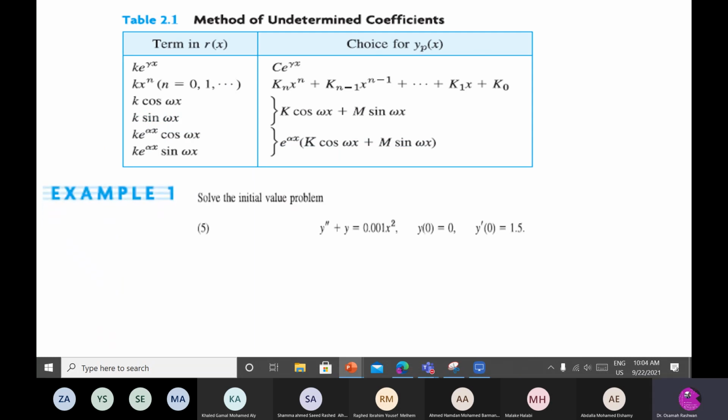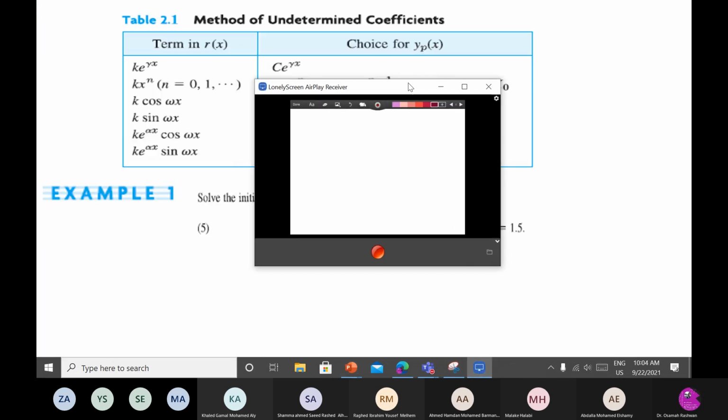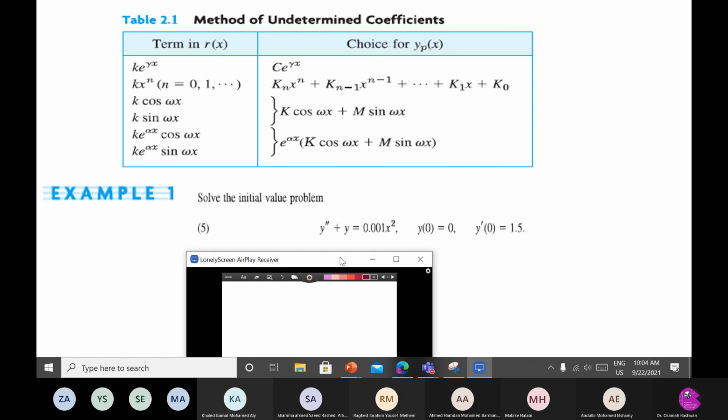If you have this one, right? You know how to solve this one. YH, now I know this is what? Yes, it is a second order differential equation with constant coefficient, non-homogeneous.